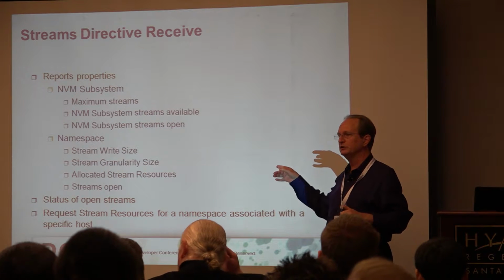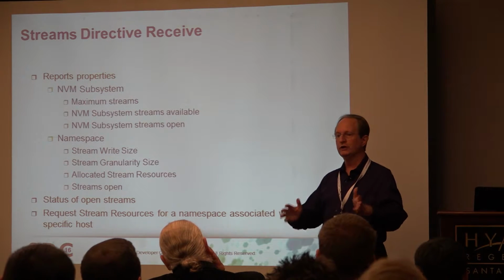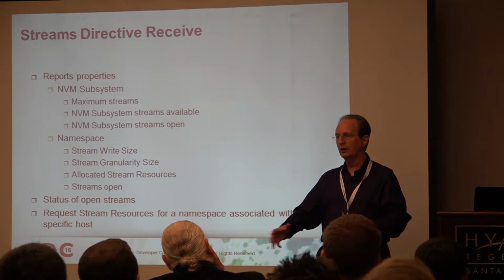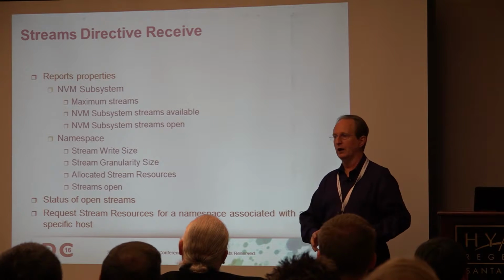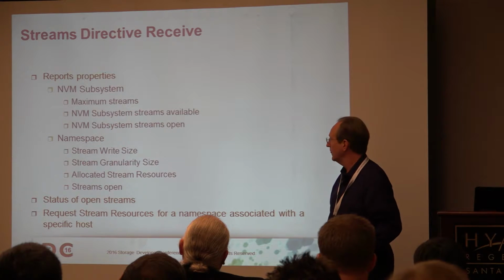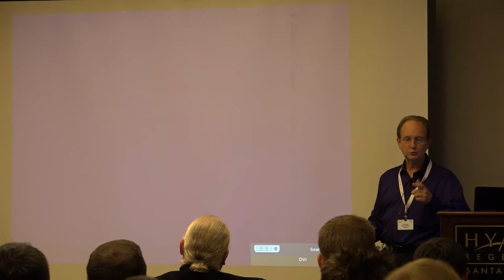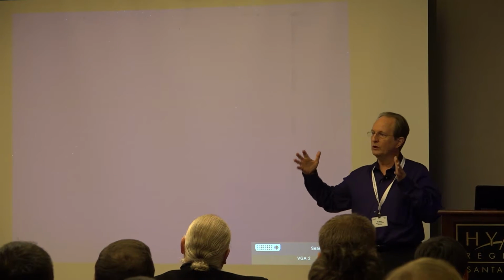These are namespace specific because in NVMe you can format each namespace to a different formatting in terms of how many LBAs and so forth, LBA size, all of that. So these are NVMe namespace specific. The stream write size is what write size I should be using.